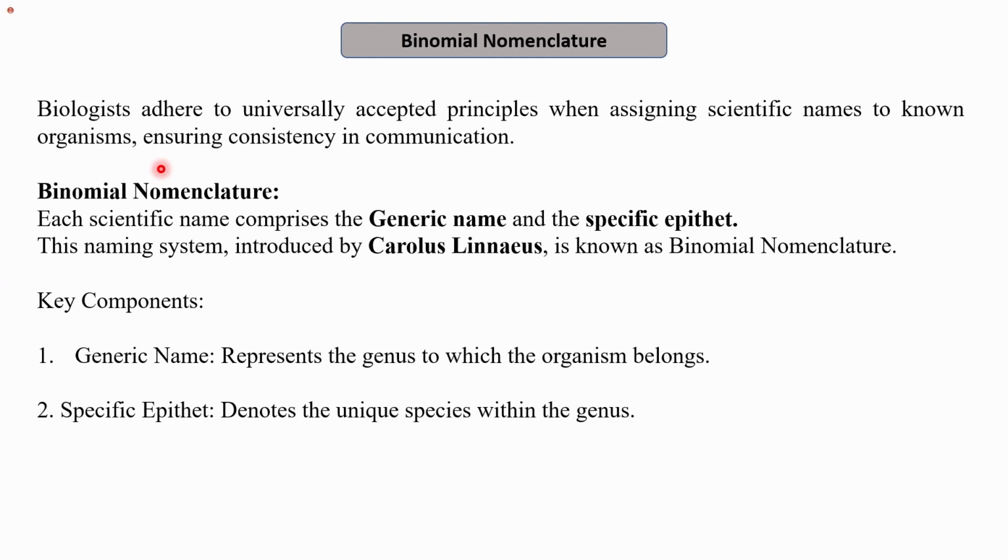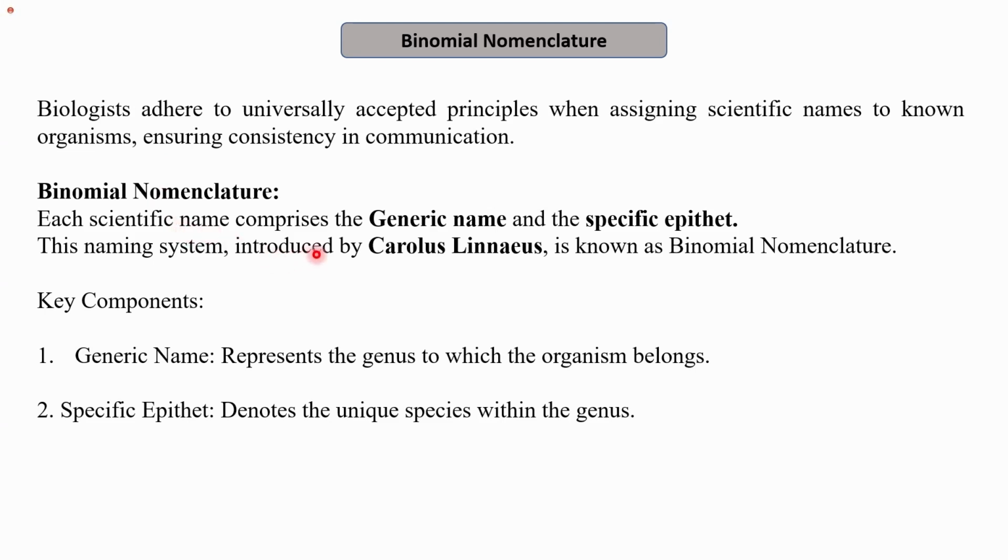And all the biologists universally have accepted the principles of binomial nomenclature, where the name of the organism should have two parts. For example, my name is Akansha Garg. So I have two parts. One is my surname and one is the name given to me by my parents. This is the binomial nomenclature which is also followed in plants, animals, or any other organism.